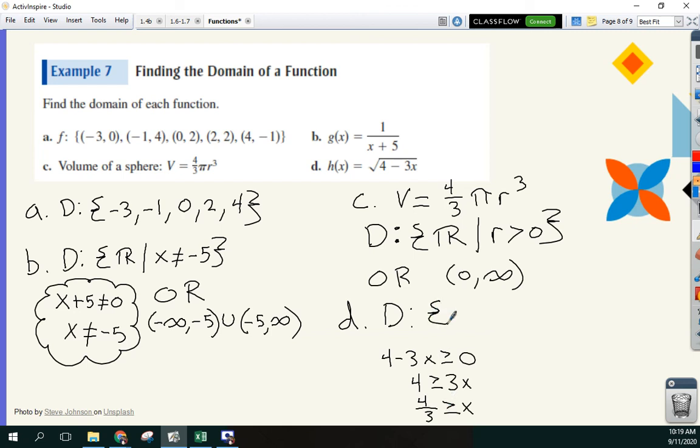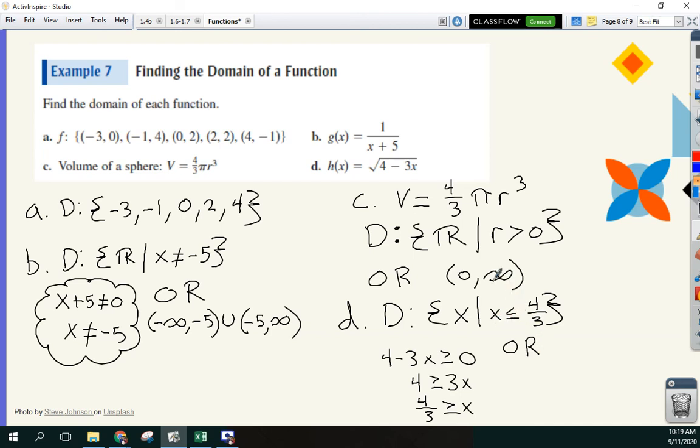So again, the notation that we would use, we can either put a double backed R, or if it's a pretty standard letter, like x, you can put x such that x is less than or equal to 4/3. So this x basically represents the same thing. I'm saying I can plug any real number in for x as long as it's less than or equal to 4/3.